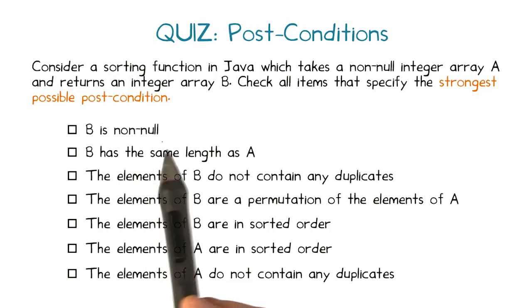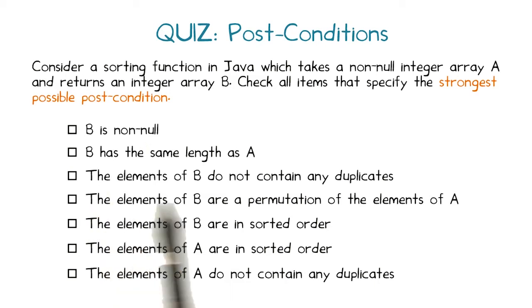B is non-null, B has the same length as A, the elements of B do not contain any duplicates, the elements of B are a permutation of the elements of A, the elements of B are in sorted order, the elements of A are in sorted order, the elements of A do not contain any duplicates. Check all the statements that apply.